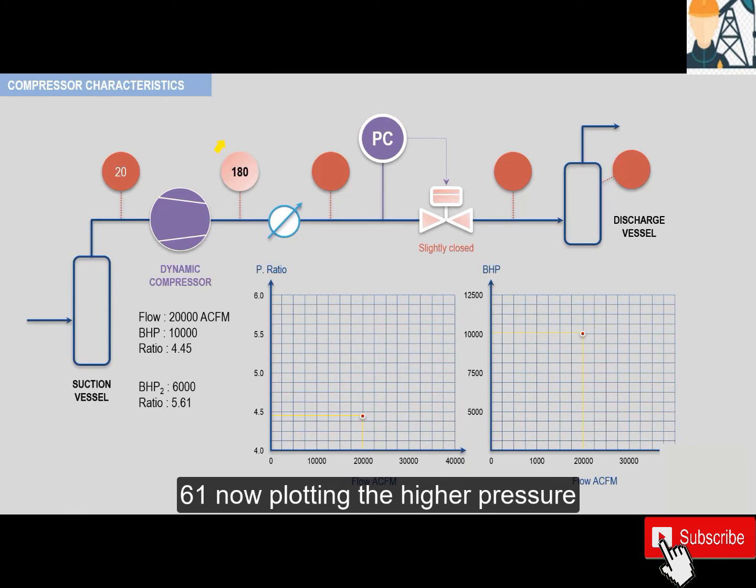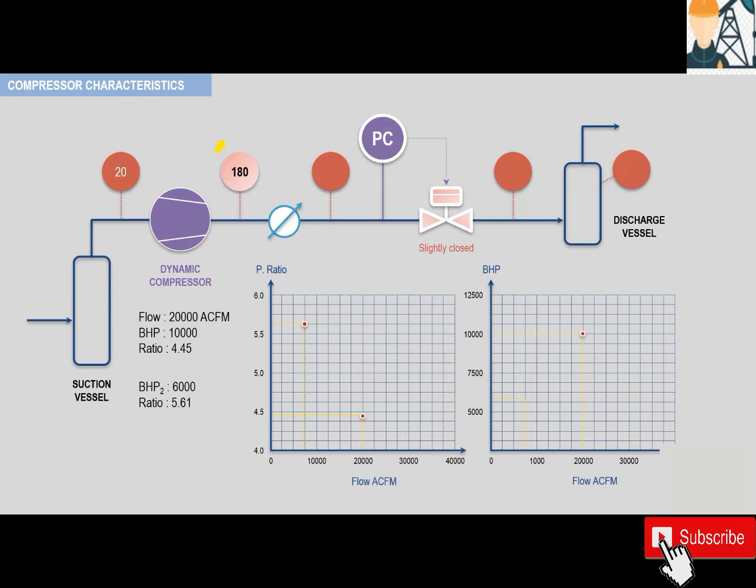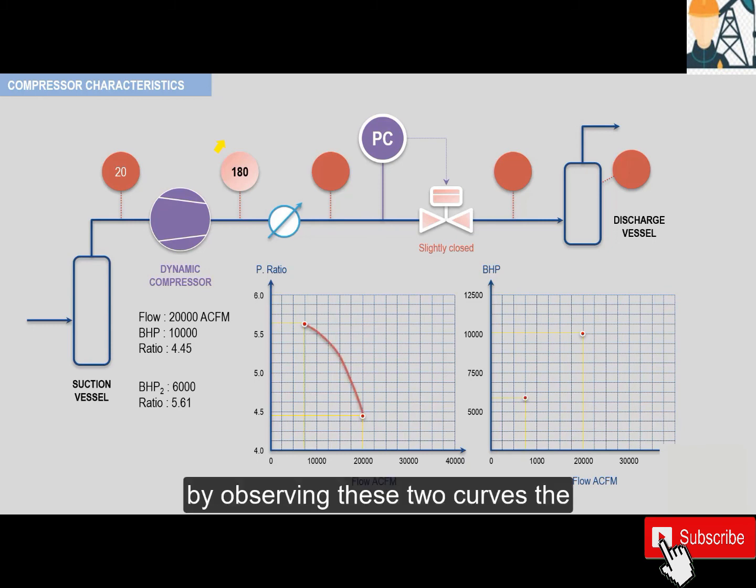Now, plotting the higher pressure ratio and BHP point on the figure will yield a higher pressure ratio, a lower flow point, as depicted here. By observing these two curves, the characteristics of any dynamic compressor are as follows.